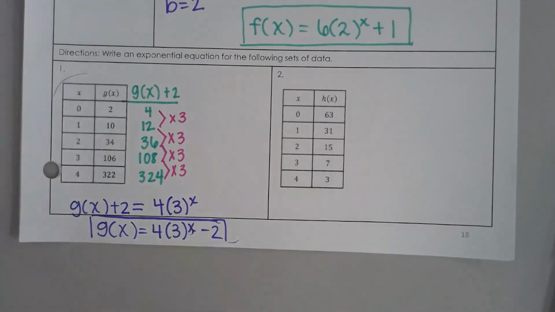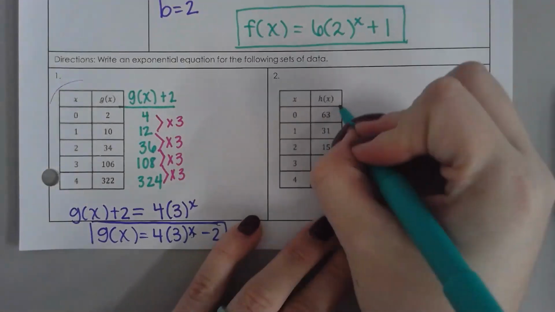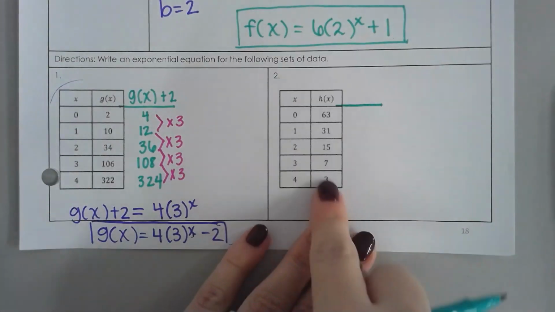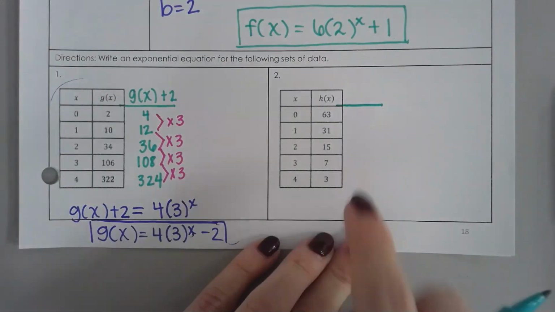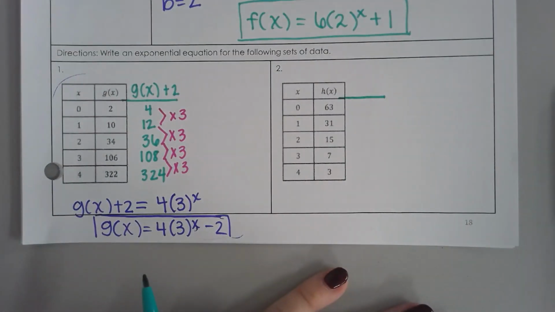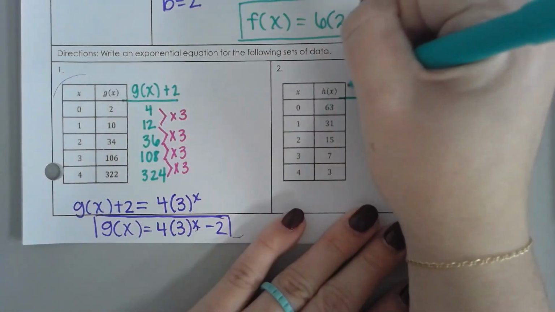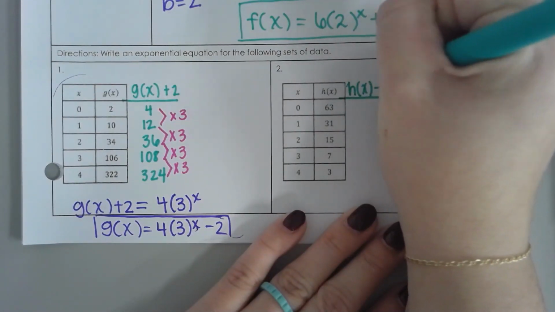So look at number 2. What can I do to these y values to have a common ratio? Plus 1? Yep. So h of x plus 1.